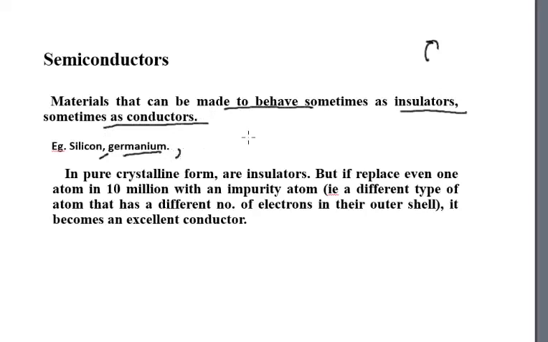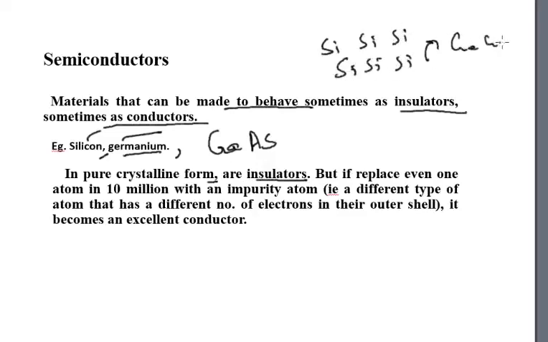These are element semiconductors. We have some compound semiconductors as well, like gallium arsenide. In pure crystalline form, they are insulators. Pure crystalline form means we have silicon, silicon, silicon in one crystal, or germanium, germanium, germanium.